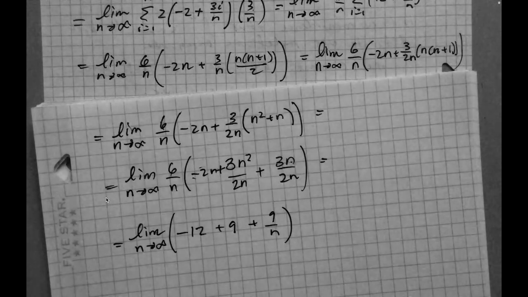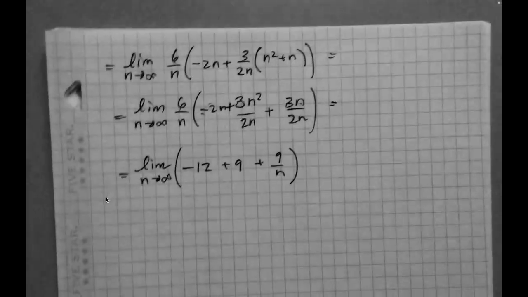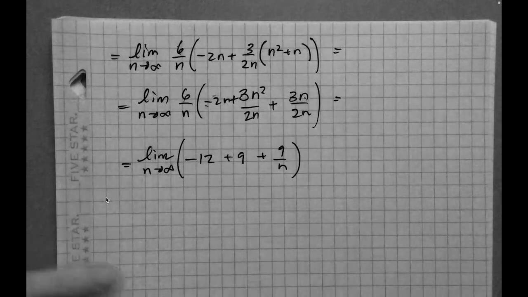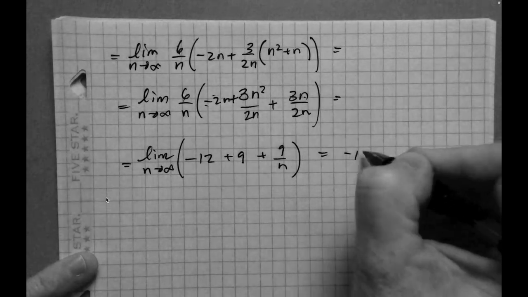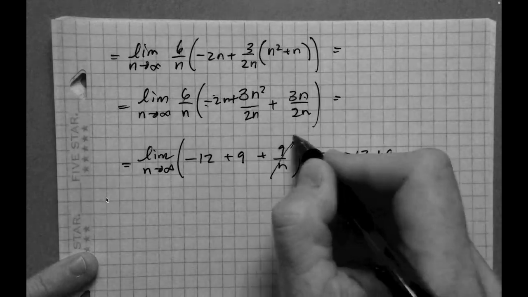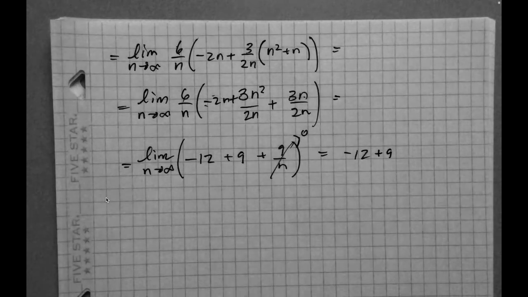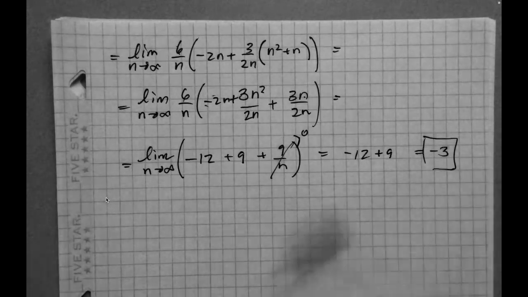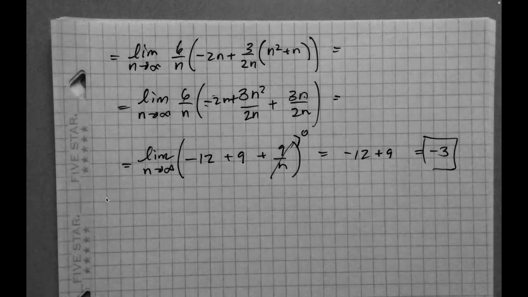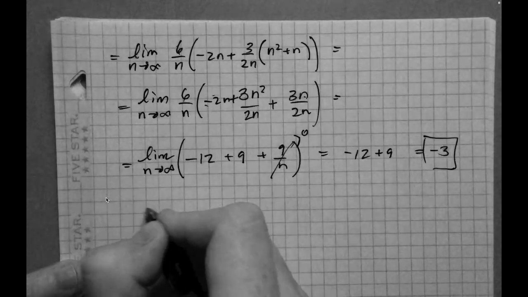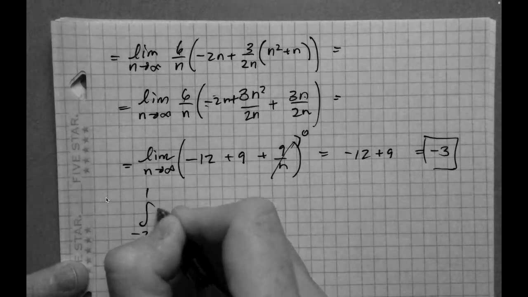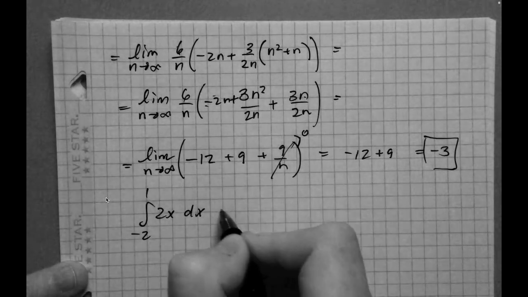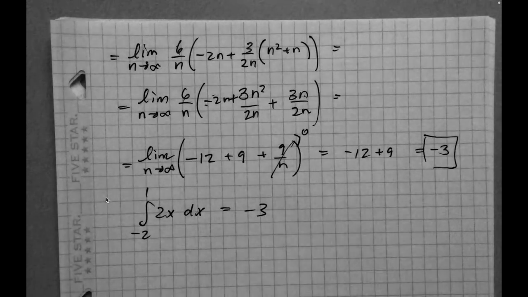Can we evaluate that limit? Oh, you betcha. So this will be -12 plus 9, and the 9 over n is going to 0 as n goes to infinity. And so we get -3 as our integral. So long story short, the integral from -2 to 1 of 2x dx is -3.